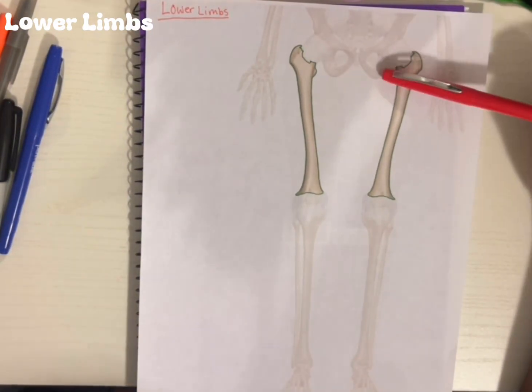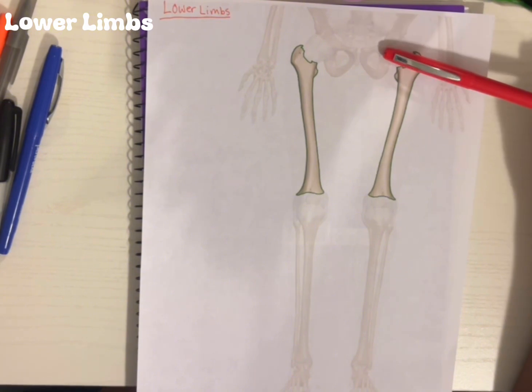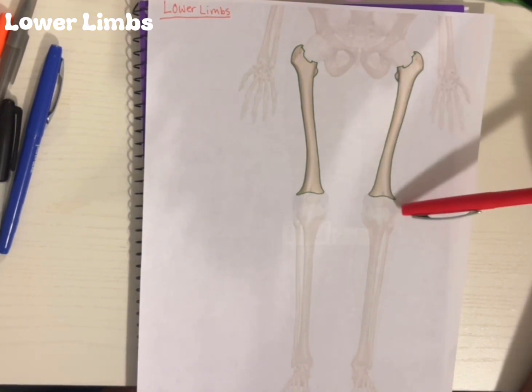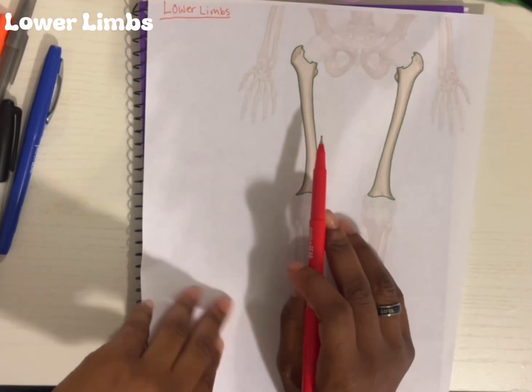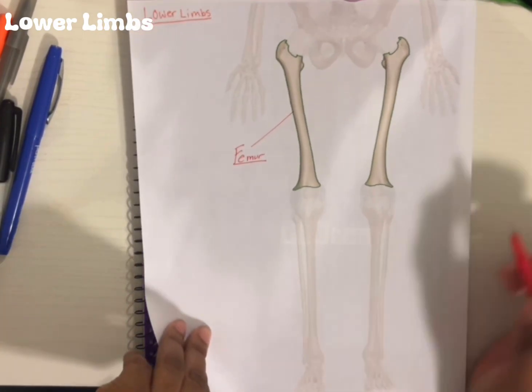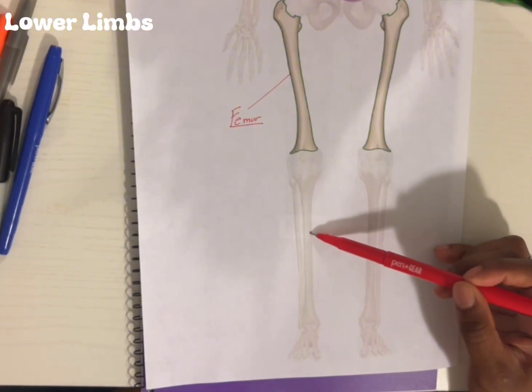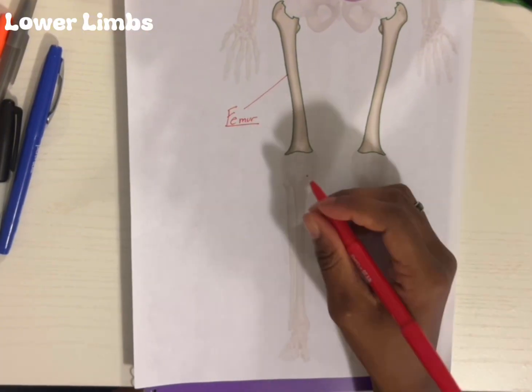Okay, we have this skeleton with the lower limbs, and it has the carpals on there and the pelvic girdle, but I'm just going to worry about the lower limbs part. This is the femur. This pair of bones down here on the inside, the more medial side, is the tibia, the thicker bone.